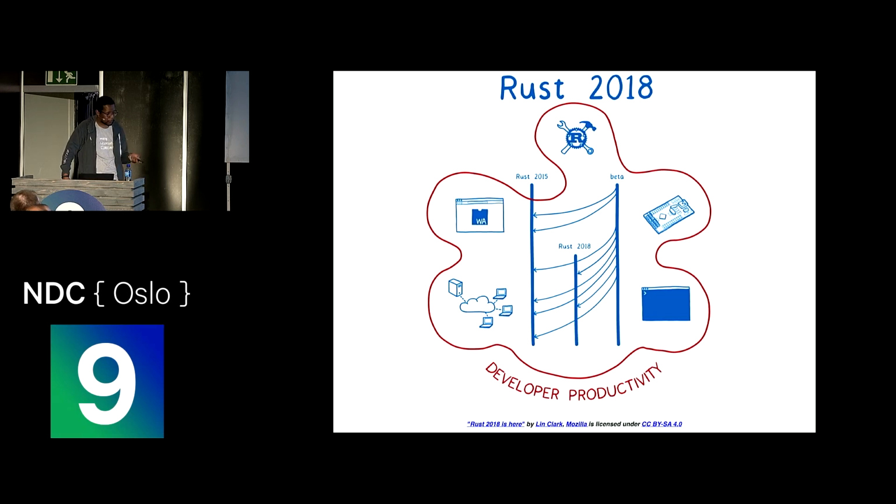Then I talked about being able to refactor your code. So this is Rust 2015, and you have Rust 2018, and we are able to migrate your code to the new edition.